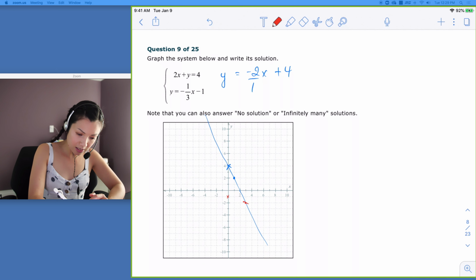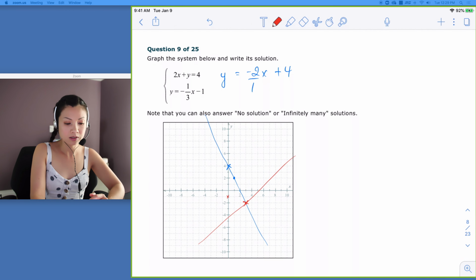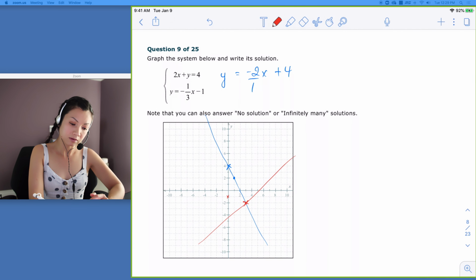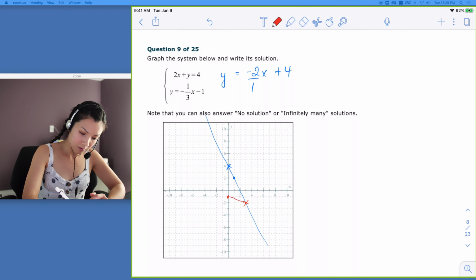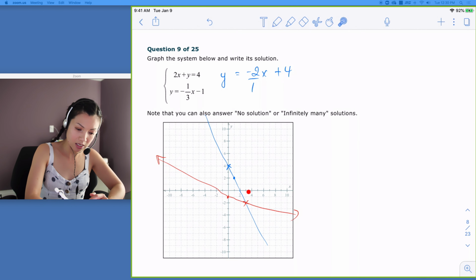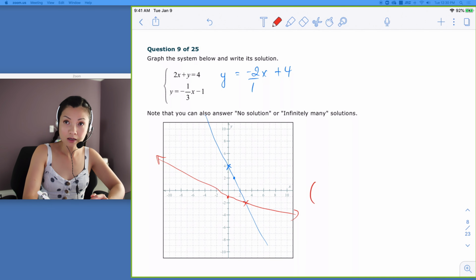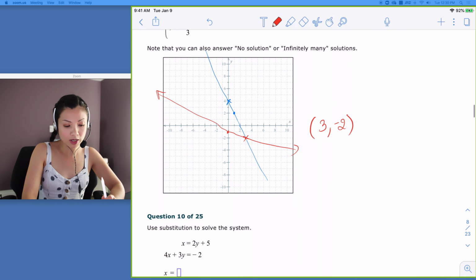And you can see that that's going to be the solution, the intersection that we have. So we can read the coordinates, which is (3, -2). Okay, so graphing is quite easy.